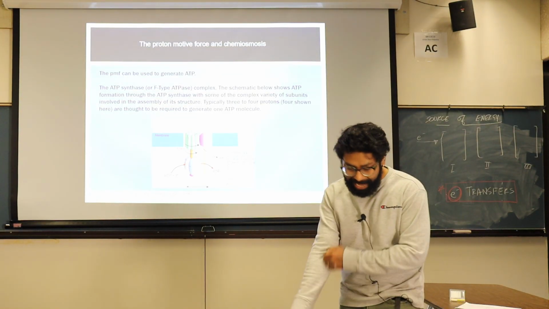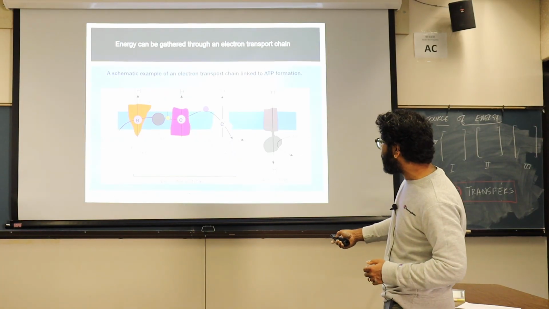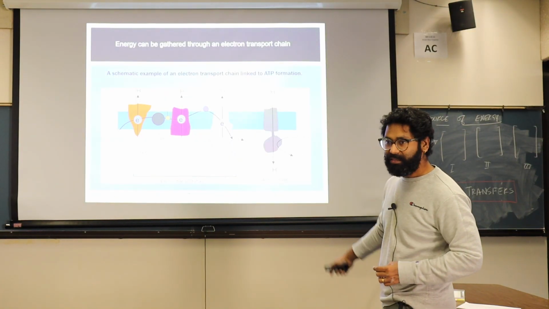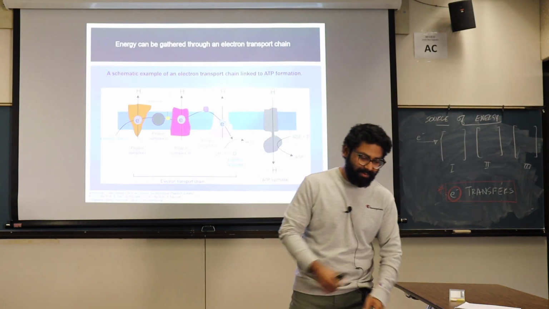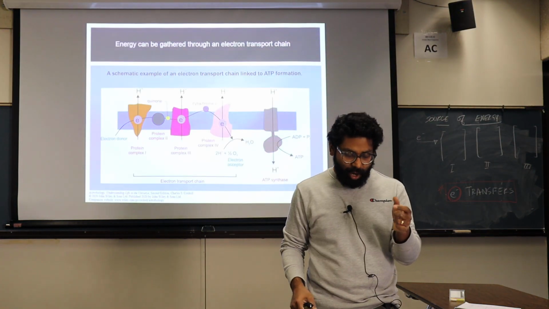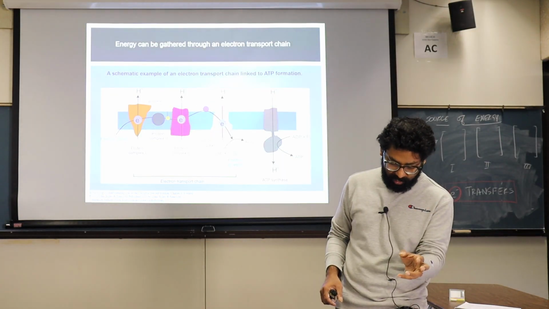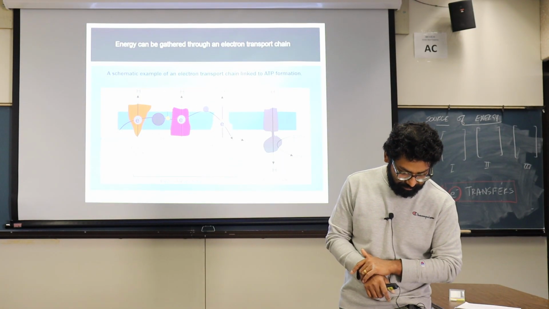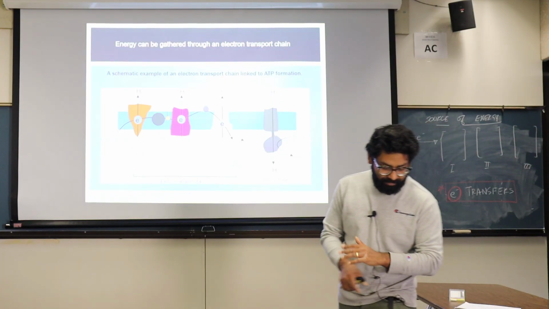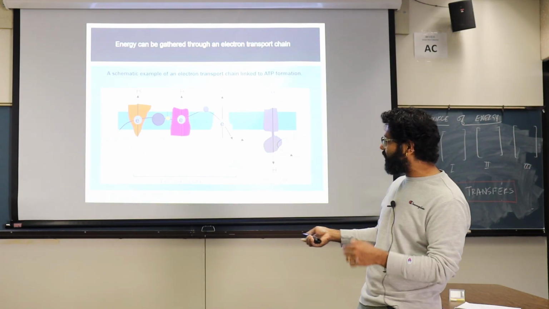Okay? Now, when you saw these different complexes, we have seen that many of these complexes also have iron compounds like Fe2S2 or Fe4S4 and things like that. Now, there could be different kinds of these complexes.